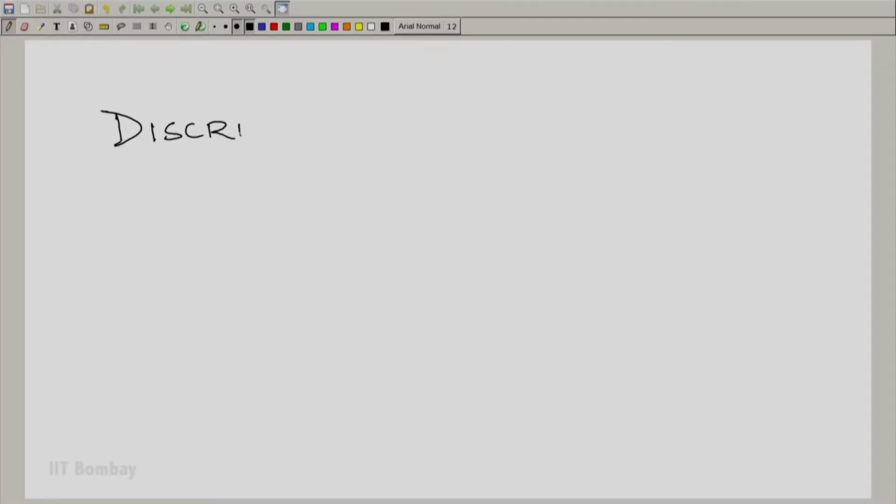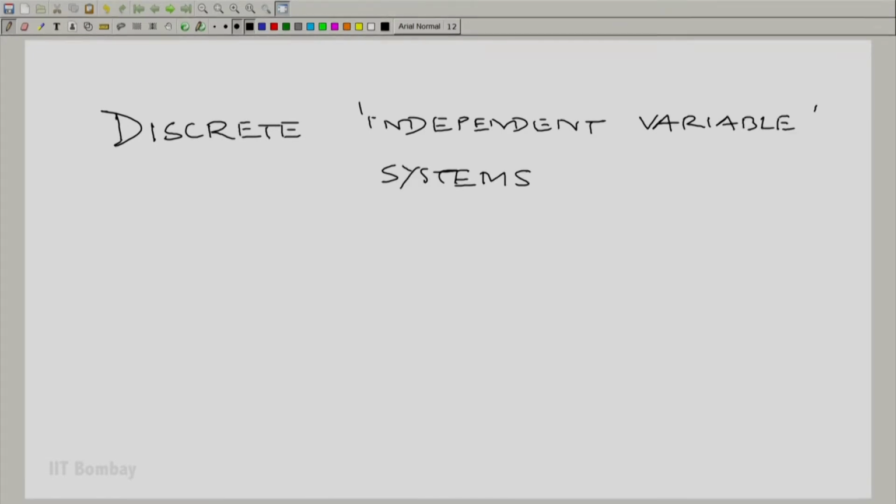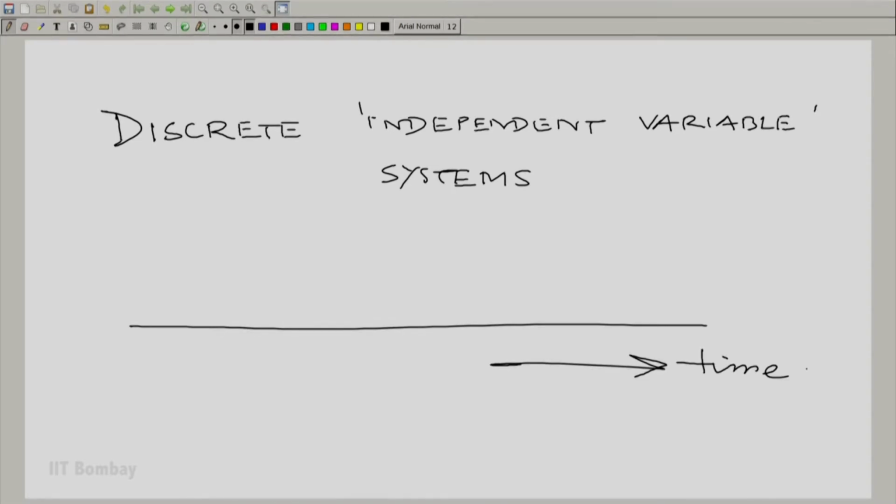Those are the class of discrete systems. Let me explain what discrete systems are. So, discrete systems or discrete independent variable systems are systems where the independent variable assumes only discrete values. Now, an example is if you have the time axis. Instead of treating the independent variable as continuous time, you could put uniformly spaced instants on this time axis.